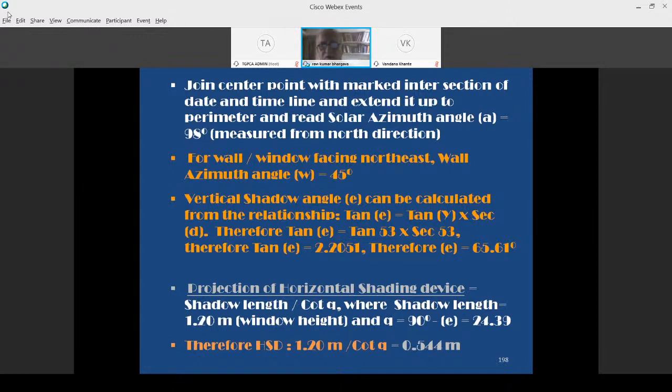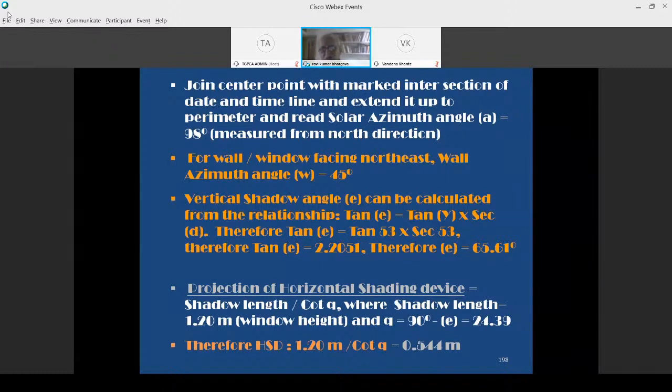I hope you are in a position to measure this angle. This is the solar azimuth angle, between north direction and the line connecting the center with the intersection of month and timeline, extended up to the external periphery. Measured from north direction, it will be 98 degree. This is called the solar azimuth angle.